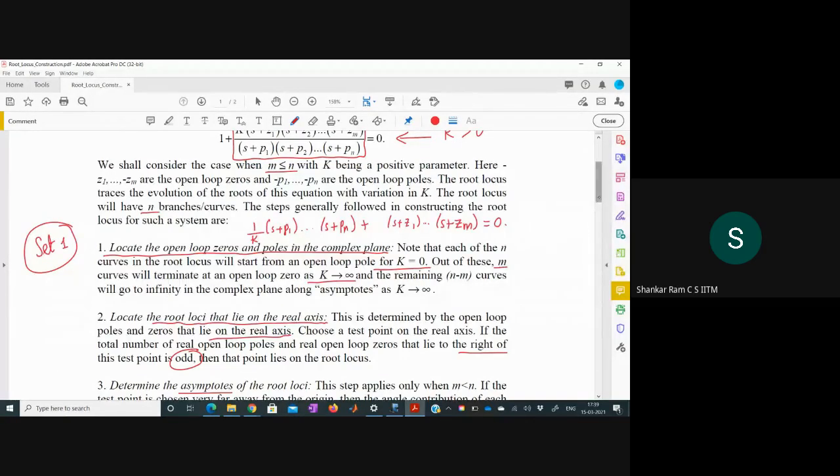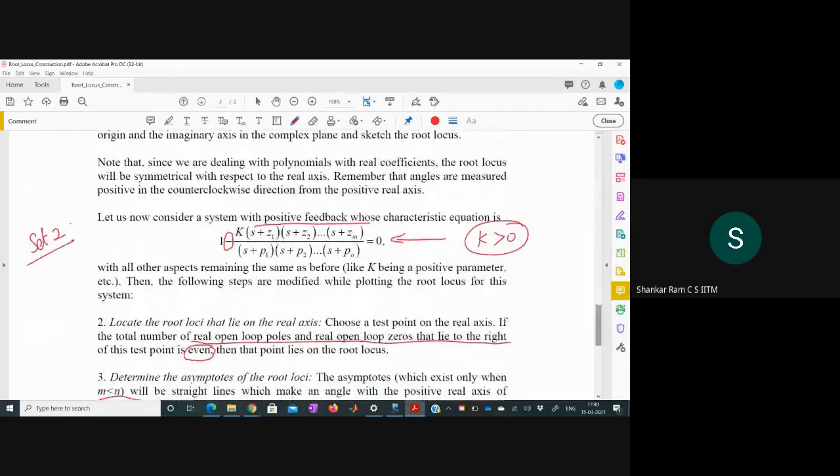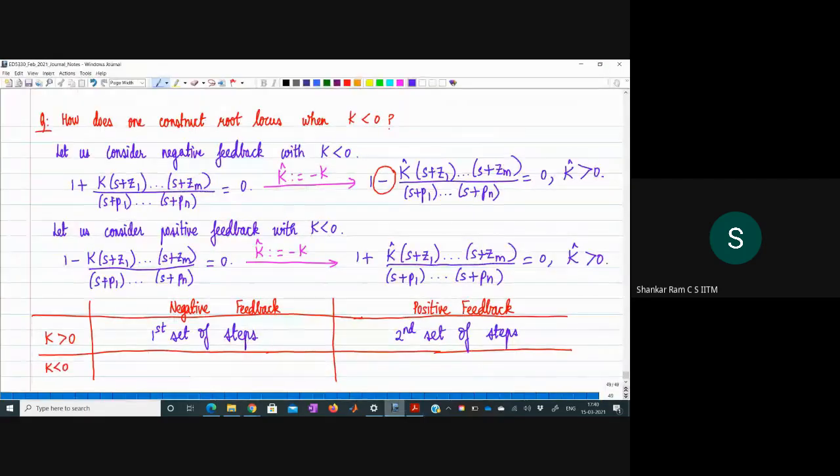The second set of steps is what we learned today, wherein we had positive feedback with positive k. So that is set 2. So going back to this grid, when we have negative feedback with positive k, we look at the first set of steps, and then we essentially do the problem.